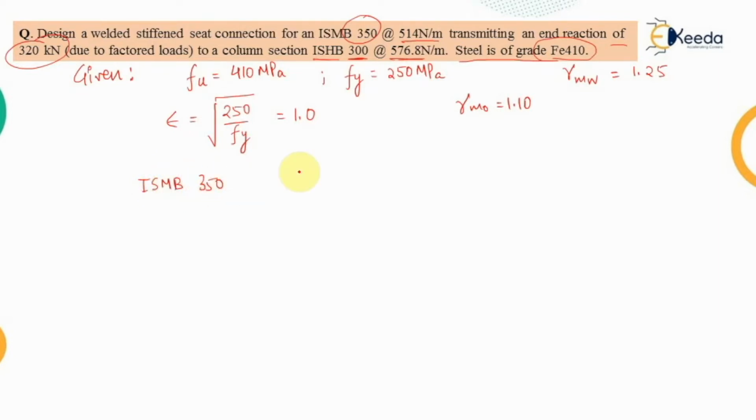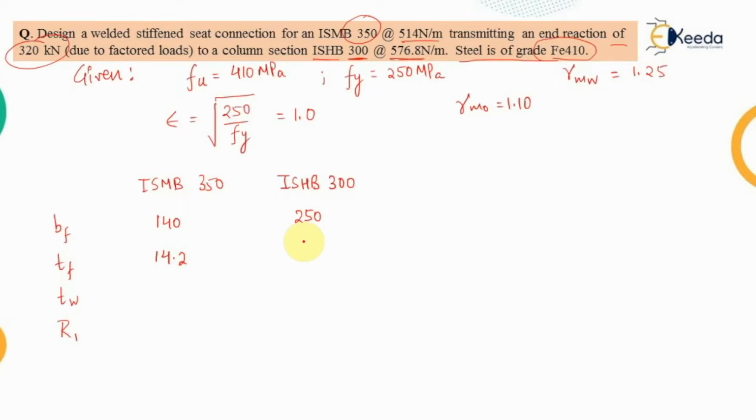Now the other properties related to these two sections that we are connecting, ISMB 350 and ISHB 300. Corresponding to these two sections, we have the width of the flange, thickness of the flange, thickness of the web, and the root radius of the section. These are the important parameters. For the ISMB the flange width is 140 millimeter, while for the ISHB the width of the flange is 250 millimeter. All the dimensions are in millimeter.